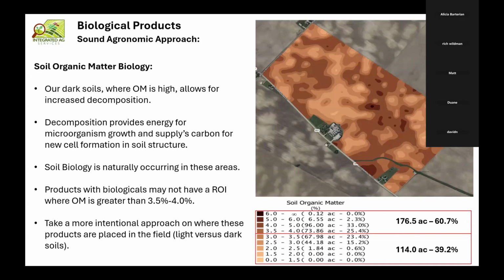I asked you guys to remember that $4.20 package. It is biological. Say the biologicals don't work, we know there's something on there. But we also have to look at the field and ask, where is it most likely to happen? In this particular field, 60% of the soil is above 3.5% organic matter.